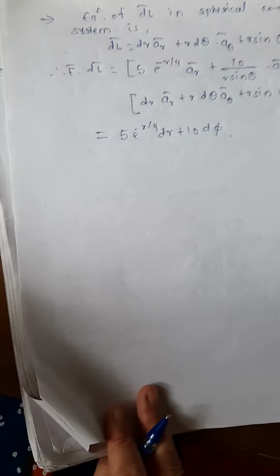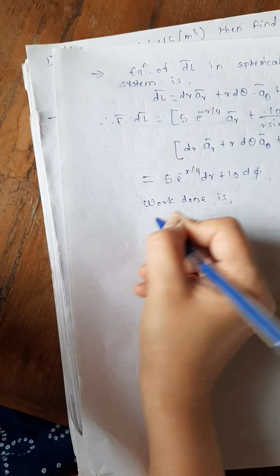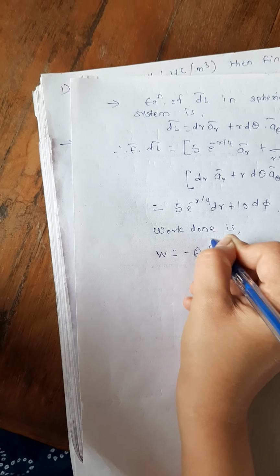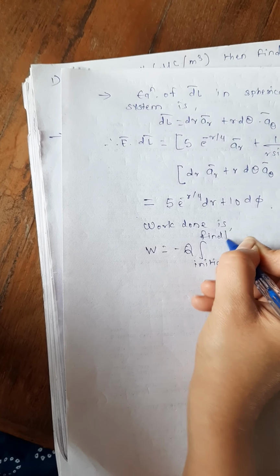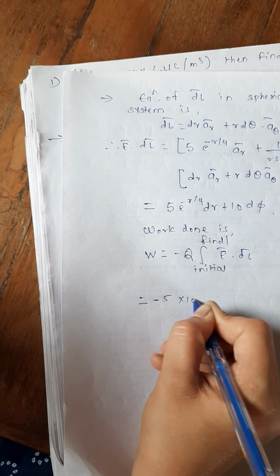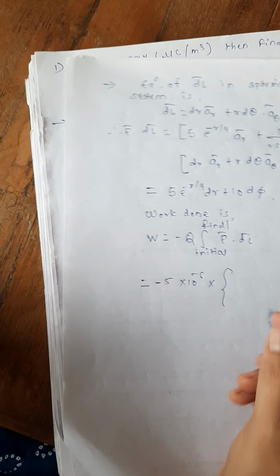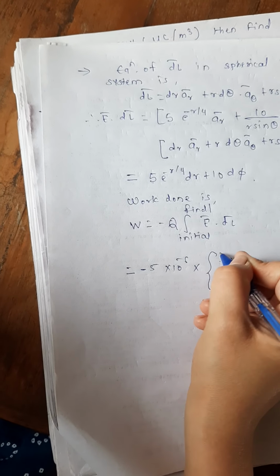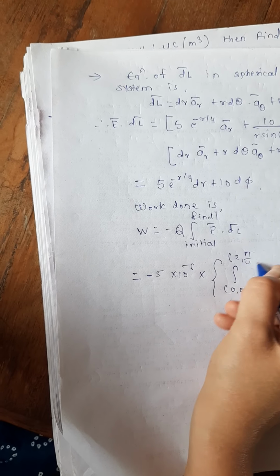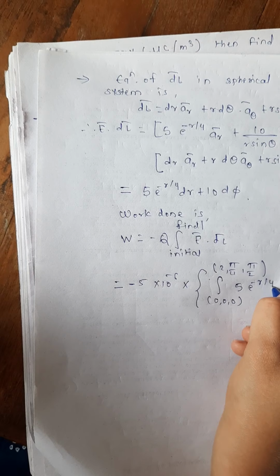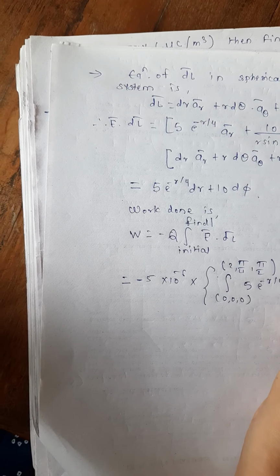Now we write down the formula for work done. Work done W is equal to minus Q integral from initial value to final value of E bar dot dl bar. So Q is 5 into 10 raised to minus 6, so minus 5 into 10 raised to minus 6 into the integration, initial value (0, 0, 0), final value (2, pi by 4, pi by 2), of 5 e raised to minus r by 4 dr plus 10 d phi.